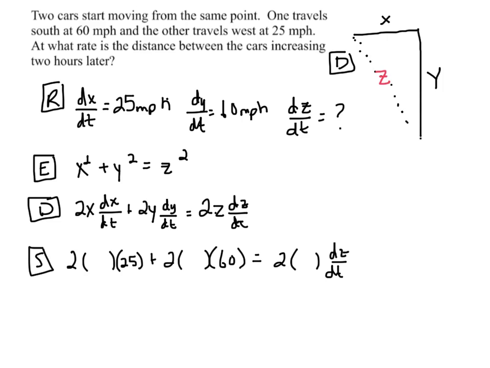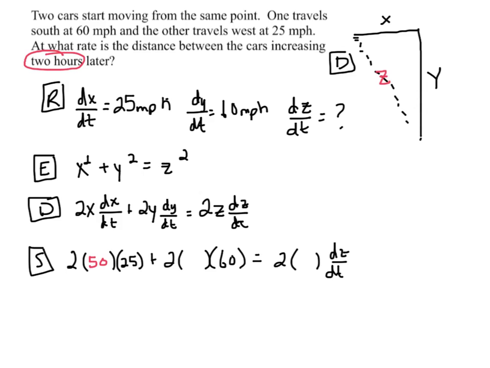Well, how I am going to substitute in x and y here is, I know, like for x, that we were traveling 25 miles per hour, and we were doing it for 2 hours. So 25 miles per hour for 2 hours, that means x has a length of 50.